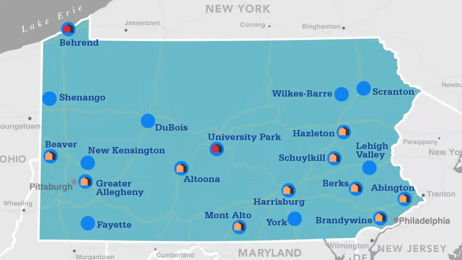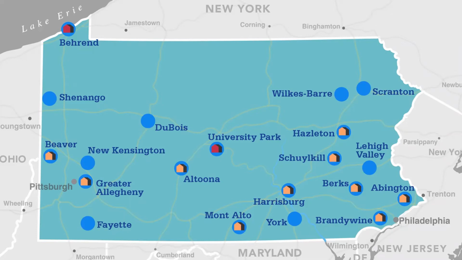The other campuses that have the orange houses, on-campus housing is optional, and it's on a first-come, first-served basis. So it's not required for students to live on campus, but they have that as an option. For our campuses that just have the standard blue dot, those are campuses that don't have university-owned housing. But for example, at the Wilkes-Barre campus, there is student housing just across the street from the campus that's privately owned.